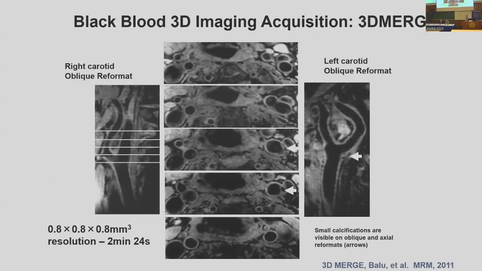And then I would just give some examples of the attempts people are making in this area of so-called quantitation. This is an imaging sequence called 3D MERGE. It's intended for very quick coverage black blood acquisition of the carotid artery. It only takes about 2 minutes.